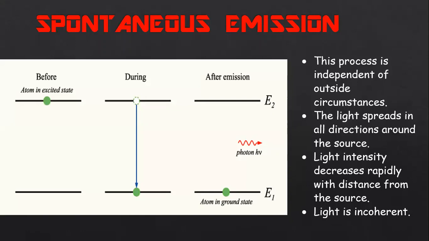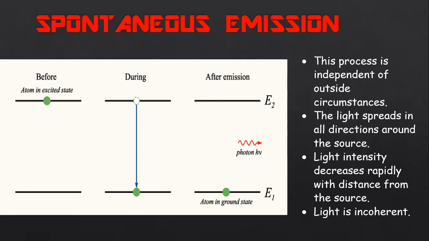Thus, after a short period, they'll fall back to the ground state by releasing energy in the form of photons. The energy of the released photon is equal to the difference in energies between the two electron orbits. The electrons changing from one state to another state occur naturally. So the photon emission also occurs naturally and is known as spontaneous emission.